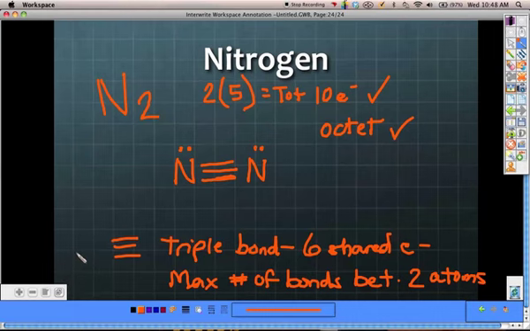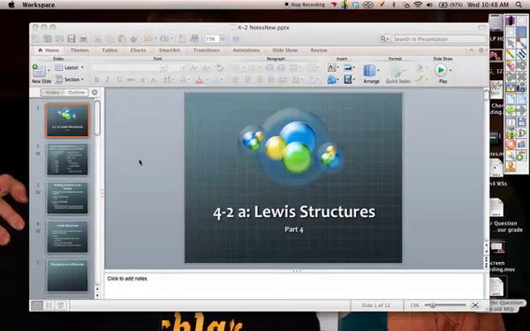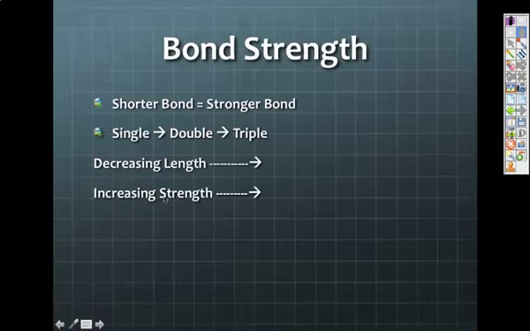So, like, would this be the strongest bond? Excellent question. That's what we're going to get to next. And indeed it is, because for bond strength, the shorter the bond is, the stronger the bond. We go single, double, triple.